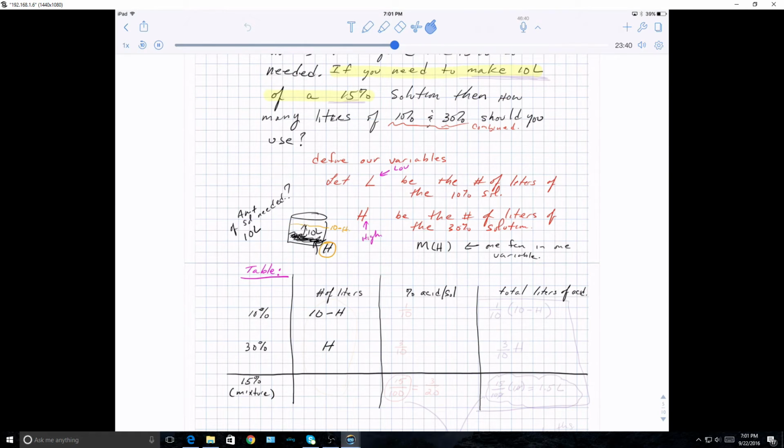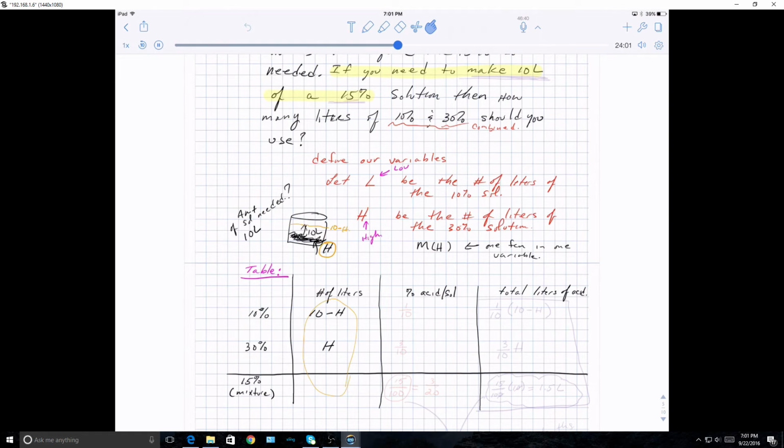Now the mixture, if I put this in, would be a combination of these right here. But I think that's going to complicate the issue, so let's move on to the next thing, which is, what are these as a percentage?